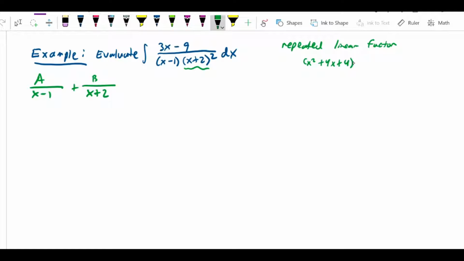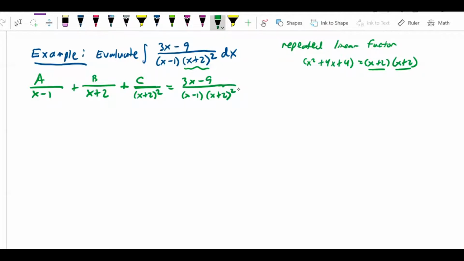In other words, it's not irreducible. It can simply be reduced to (x plus 2)(x plus 2). But because the two factors are the same factor, and that's why we write this as (x plus 2) squared, we actually have to treat it a little bit differently. What we would do is we write here C over (x plus 2) squared, and that's going to equal (3x minus 9) over (x minus 1)(x plus 2) squared.